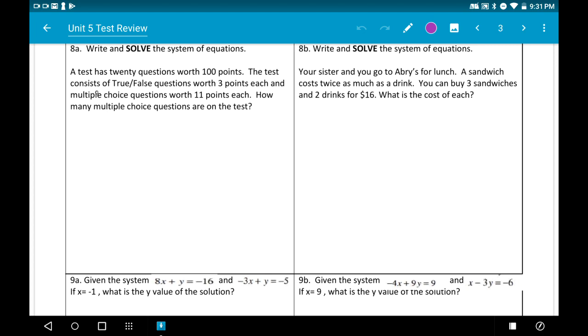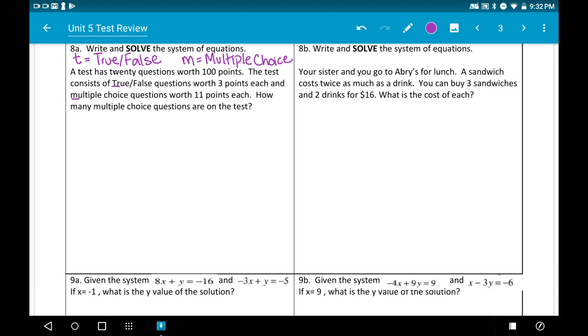So what we're going to do is solve this. We need our variables first though. So I'm going to pick t, a lowercase t. This will represent true and false questions. Then our other one is multiple choice, so m equals multiple choice. Your first step is always just define your variables so we know what you're trying to have them represent.